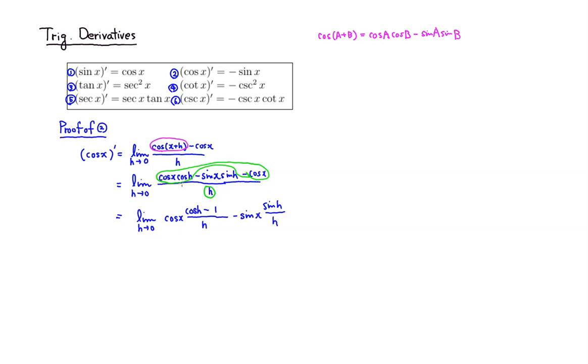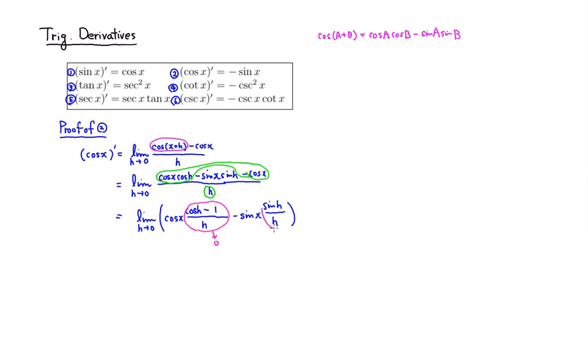We have this expression here, but luckily we know where these go. The limit of cosine of h minus 1 all over h as h approaches 0 is the second of the useful limits, and we know that this goes to 0. So this whole first term goes away.